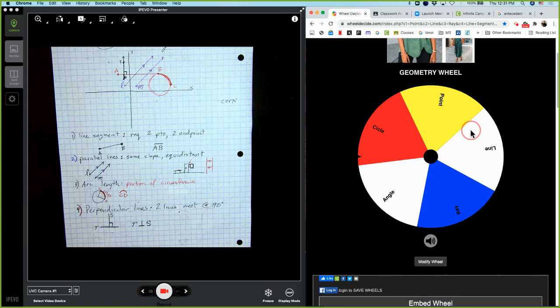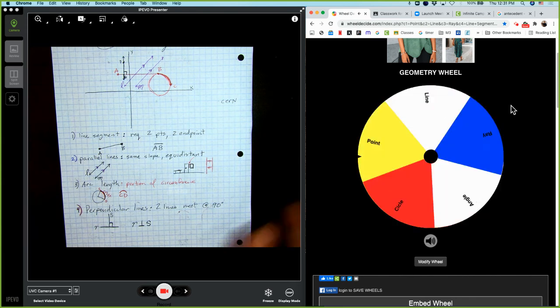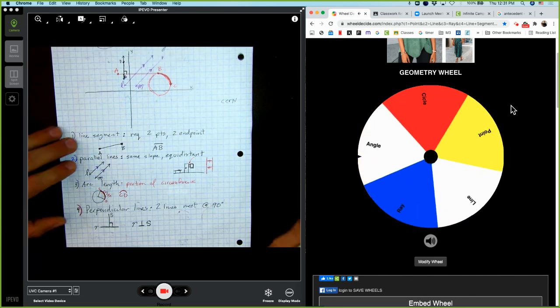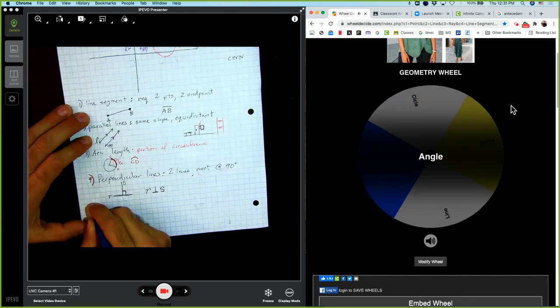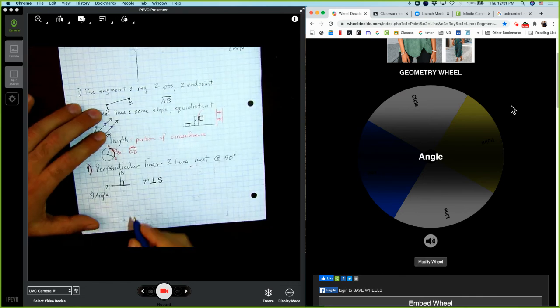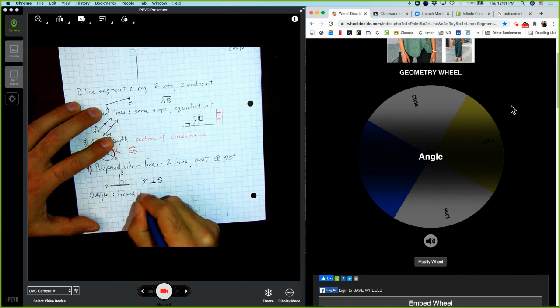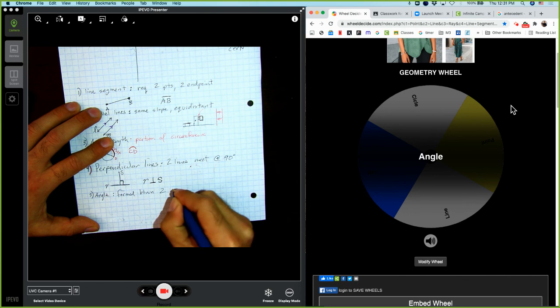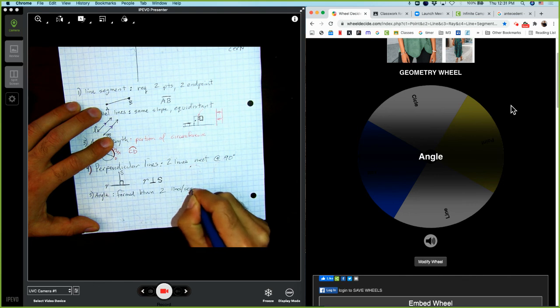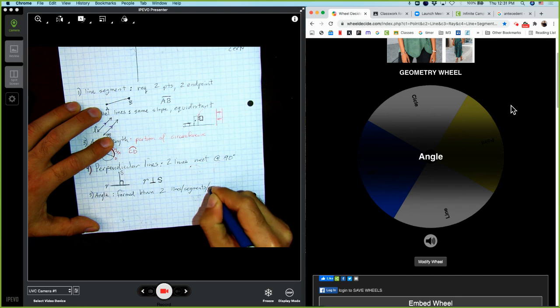Okay, let's spin the wheel. Boom, you got it. All right, angle. I better not run out of room here. All right, an angle. An angle is just formed between two lines or segments or rays.